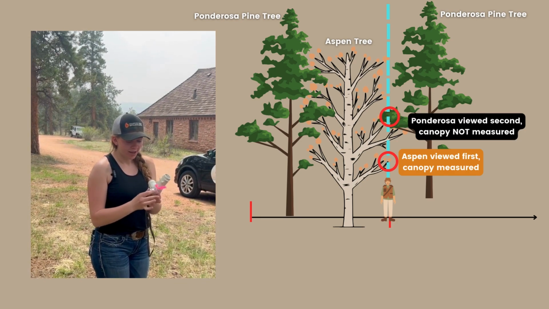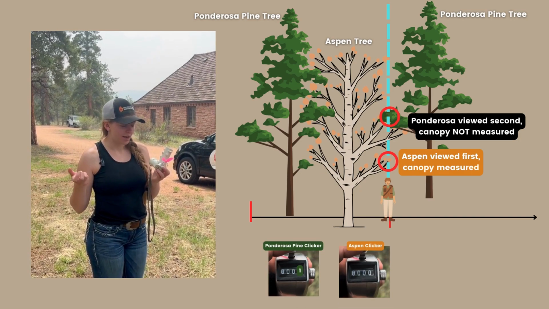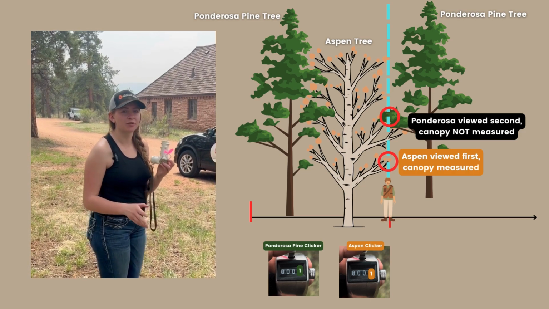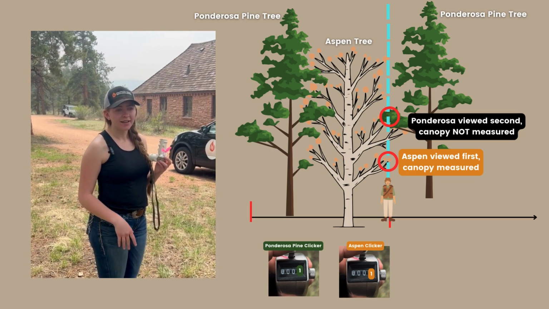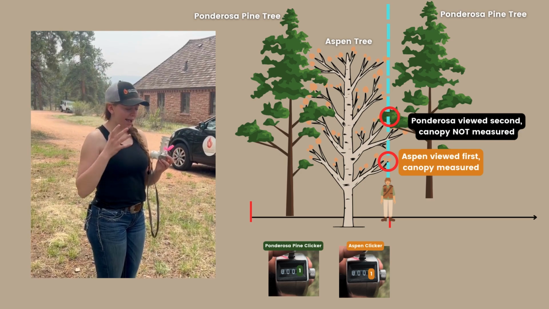So I would have a different clicker for aspen, and I would click aspen for this point, because you can only have 1 click per point on your transect.